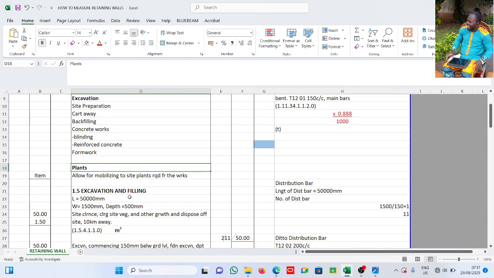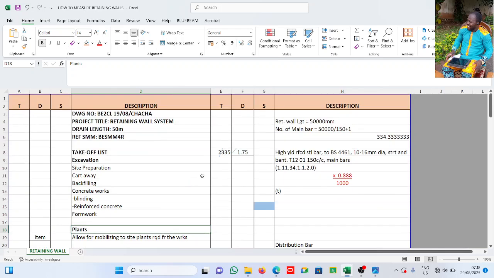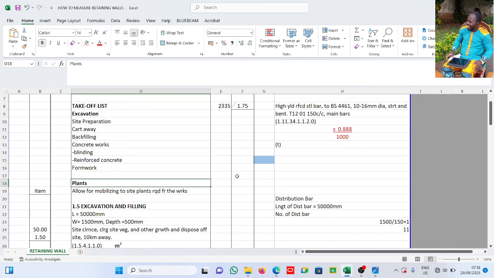They have different spacing, so their numbers differ. We also see that for the base. A retaining wall can also be a gravity wall, but this is basically how you measure a retaining wall.